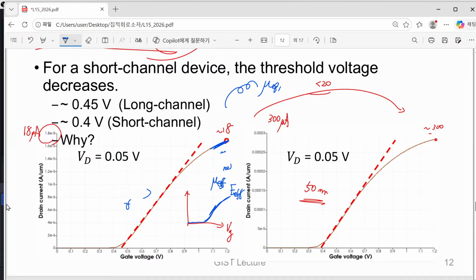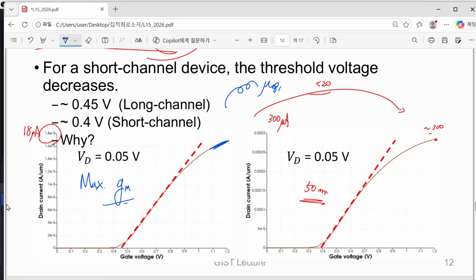So simply speaking, when you have this IV characteristics, one way to estimate threshold voltage is to try to find out the maximum GM value. You know what GM is, transconductance, the gradient of your drain current with respect to the gate voltage under a given fixed drain voltage.